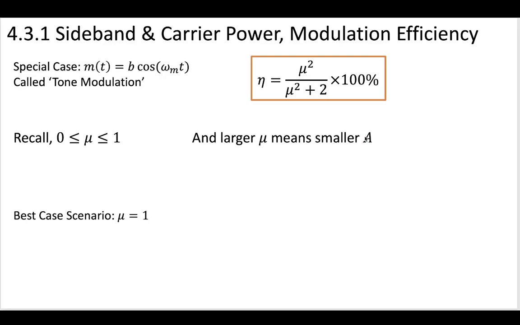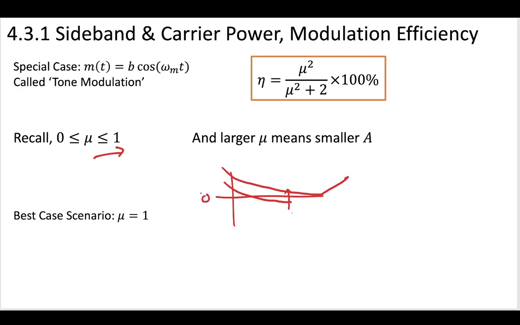All right, now if you want the best case scenario, this means that your mu is equal to 1. So you've gone all the way over here in the best case scenario, and you've just barely lifted that message up across here. So if your message was to here, you've just barely lifted it so that the lowest part of your message is just above 0.